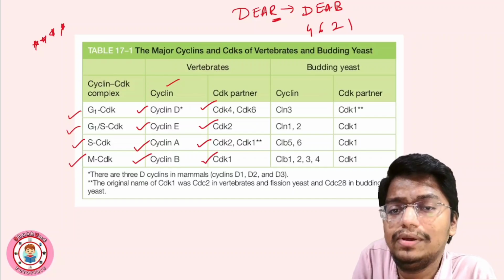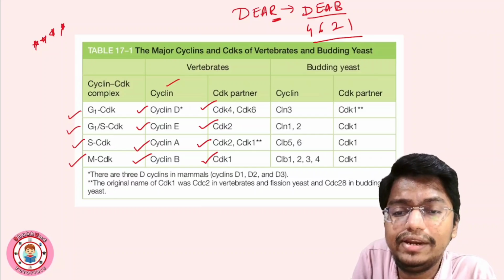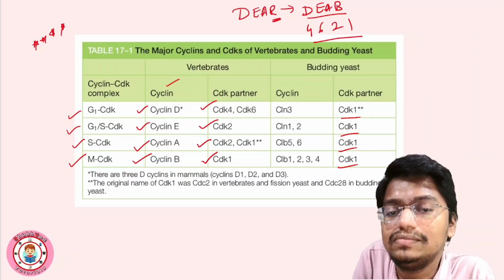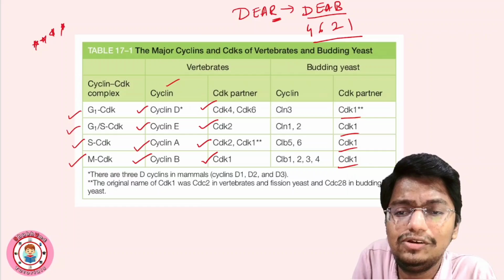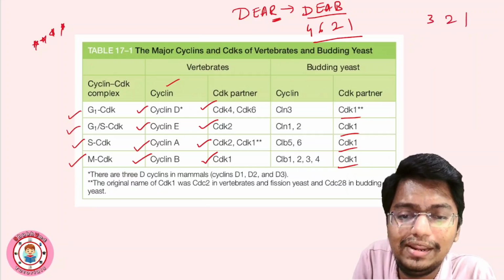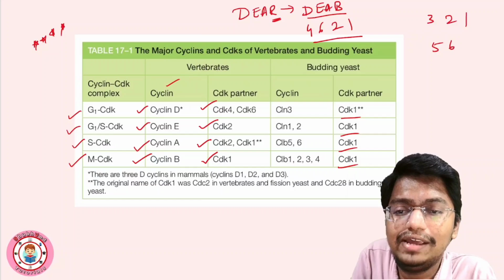Got it? Remember this order I have shown you. Got it? This will help you. और ये budding yeast में different case है. CDK is common in budding yeast, CDK1. Cyclins are different. This also is easy to remember. How? 3, 2, 1 and then 5, 6, 4, 3, 2, 1.